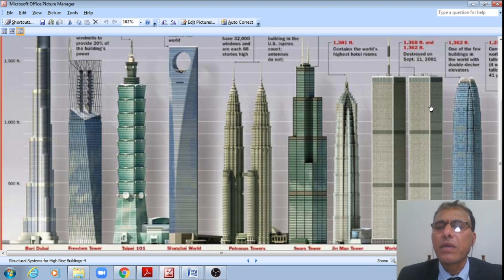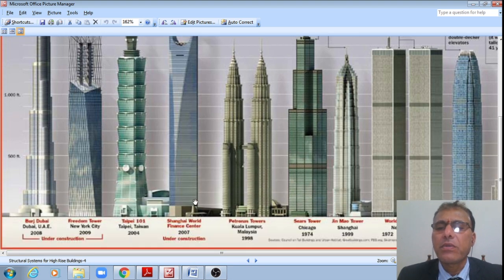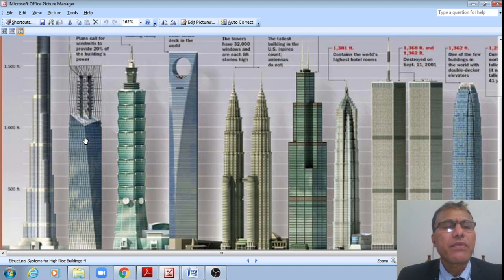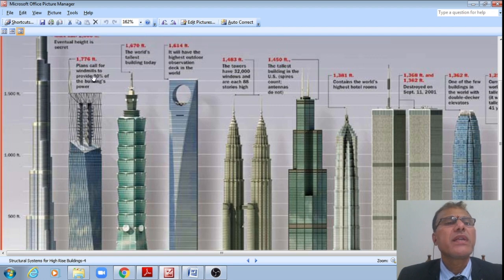These are the two north and south towers, which were built in 1972 and 73 respectively. In its place, now we have World Trade Center 1, or Freedom Tower. Its height is around 1776 feet.